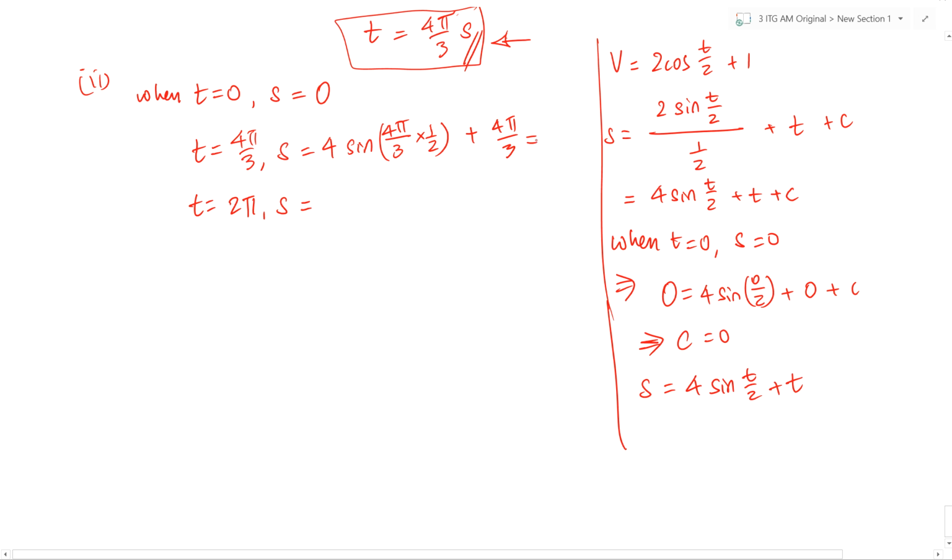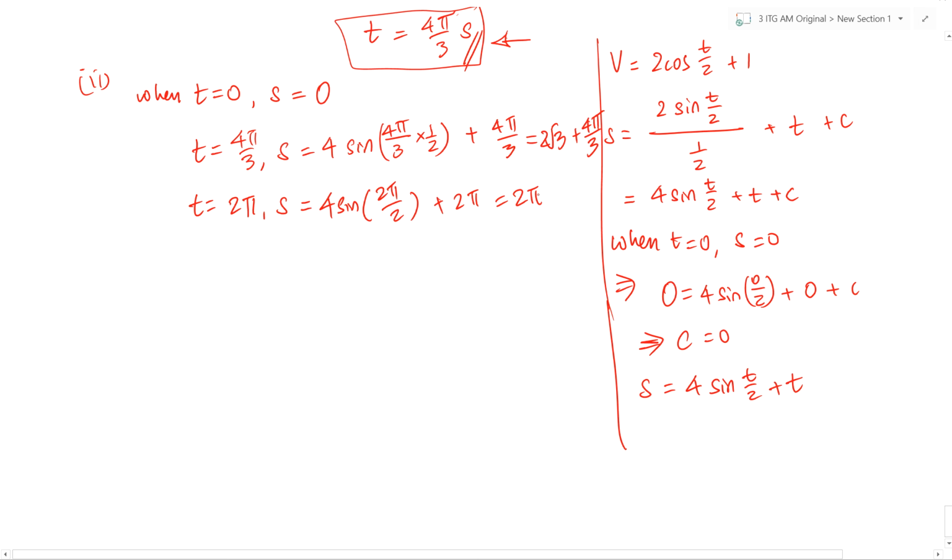This gives us 2 root 3 plus 4 pi over 3. Leave it as exact as you can first. Next, when it is equal to 2 pi, our displacement is 4 sine of 2 pi over 2 plus 2 pi, which is 2 pi.